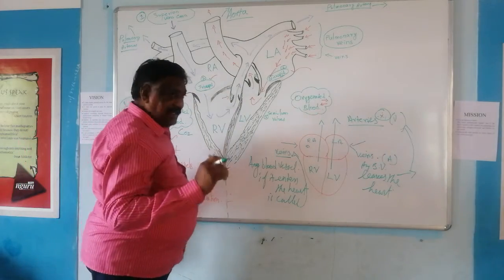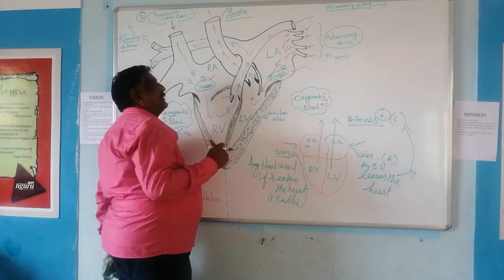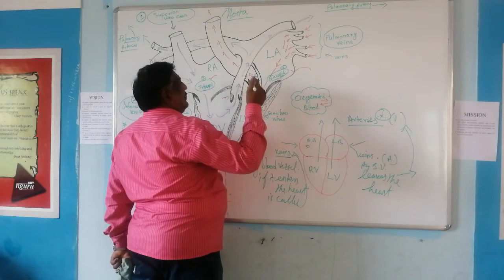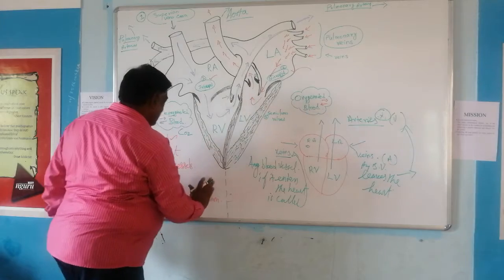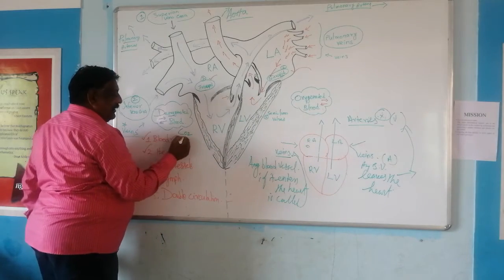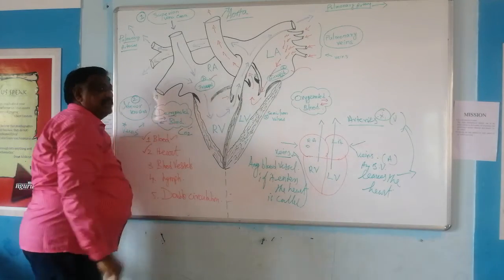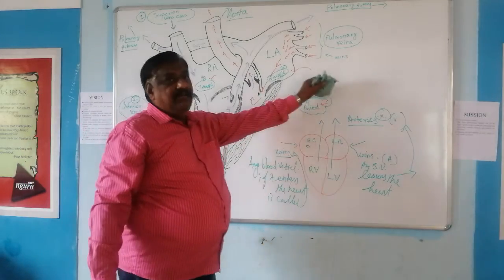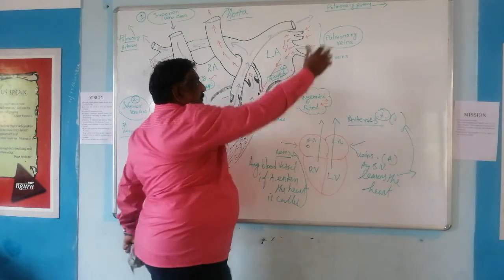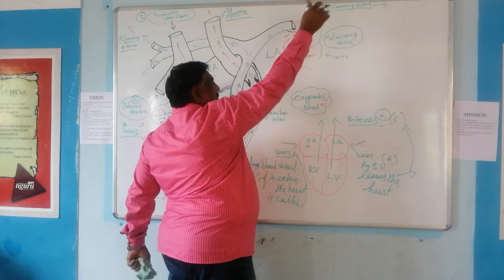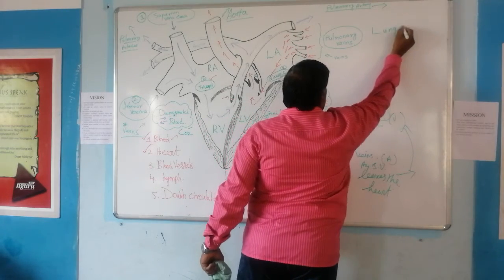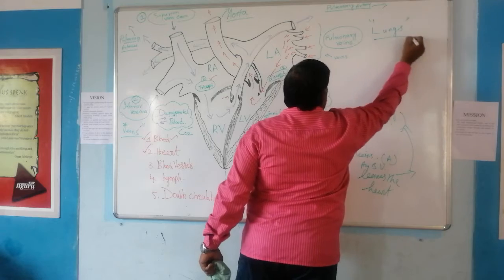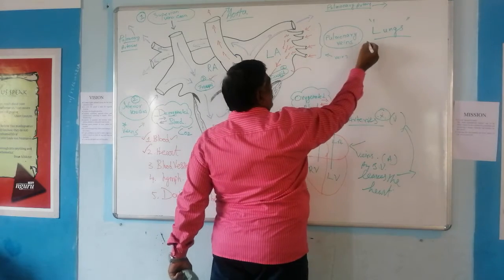And any blood vessel which brings blood is a vein. So this brings blood on the right side. But what type of blood? Deoxygenated blood. On the left side, for example, the blood vessel which brings blood from the lungs, what type of blood should it be?